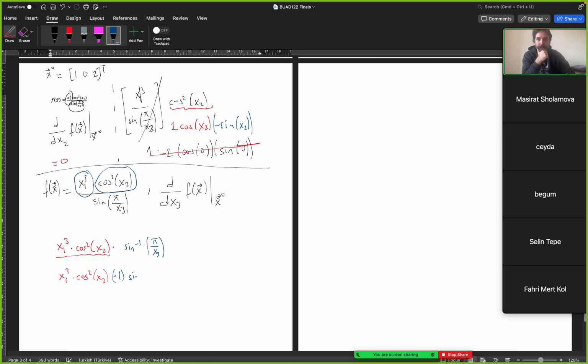I will just decrease the power by 1, negative 2, and rewrite the outer function. Then I will write the inner function differentiated. So the inner function is just sine of pi over x3. So the derivative of sine of pi over x3 is cosine of pi over x3.